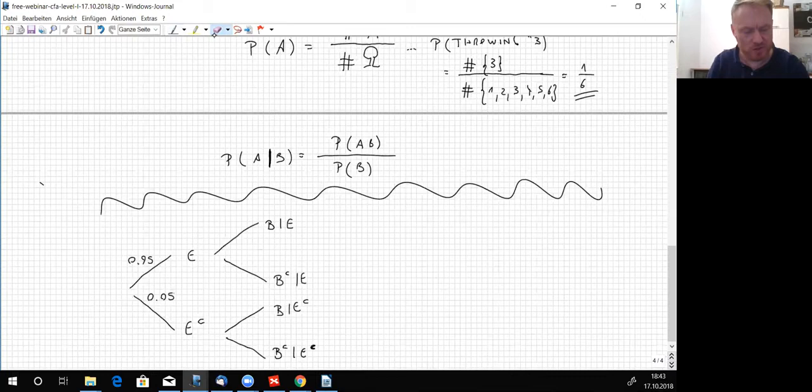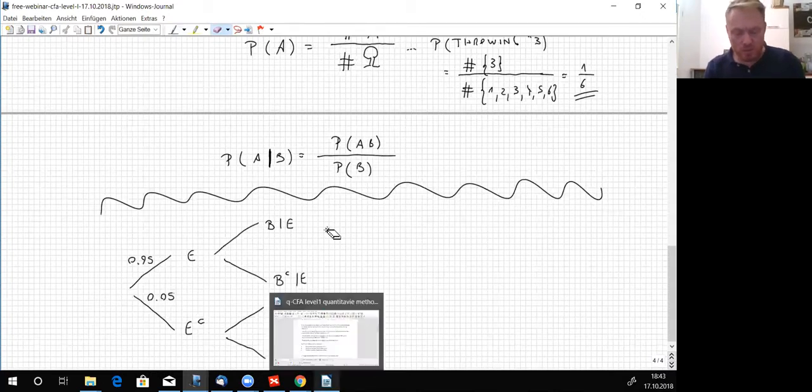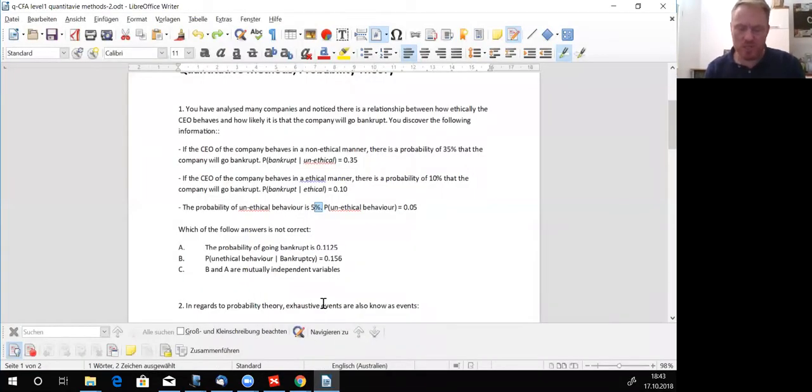Let's erase this. I just want to save it so that you can download it later and see what we talked about so far. What was the answer? What was the number here? If the CEO of the company behaves in a non-ethical manner, there's a probability of 35% that the company will go bankrupt.